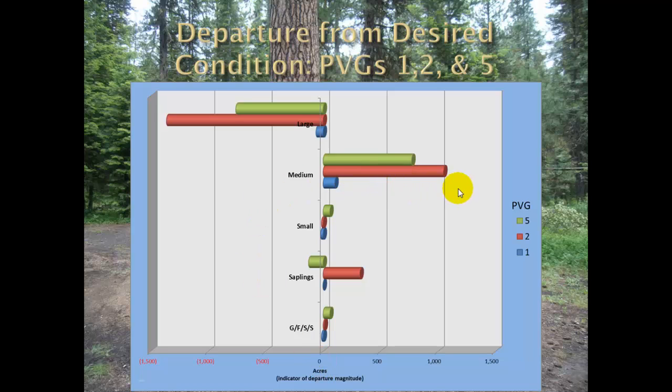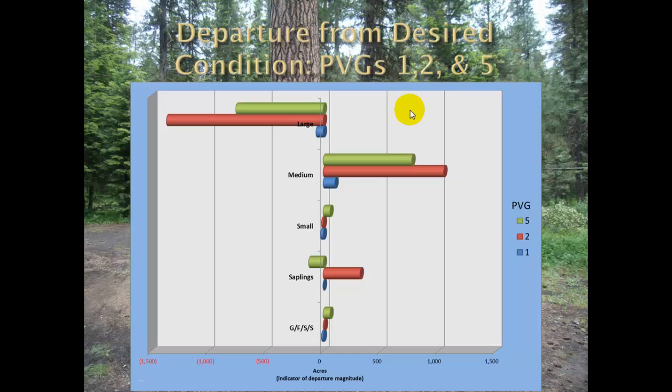As the columns extend to the right, that means the current condition is overrepresented compared to historical conditions. If the columns extend to the left, as they do for the large tree size class for each of these PVGs, it means that that tree size class is underrepresented in the landscape compared to historical conditions.